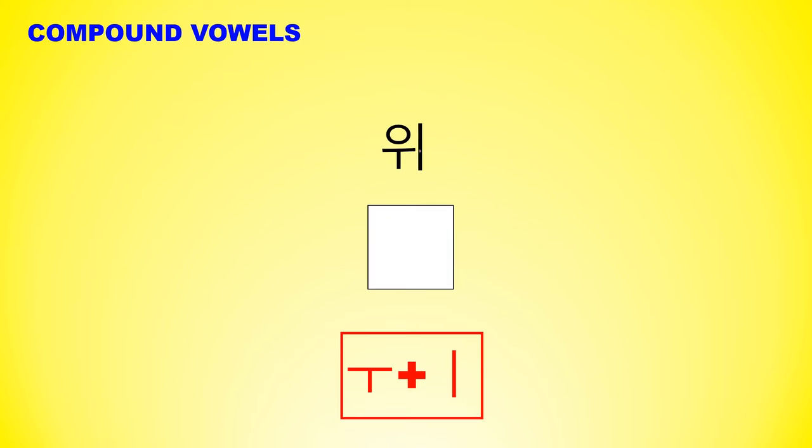Let's move on. Now this character is made out of oo and e. Add them both together. We, we, we. So do you hear that? This compound vowel here is pronounced as we, we.